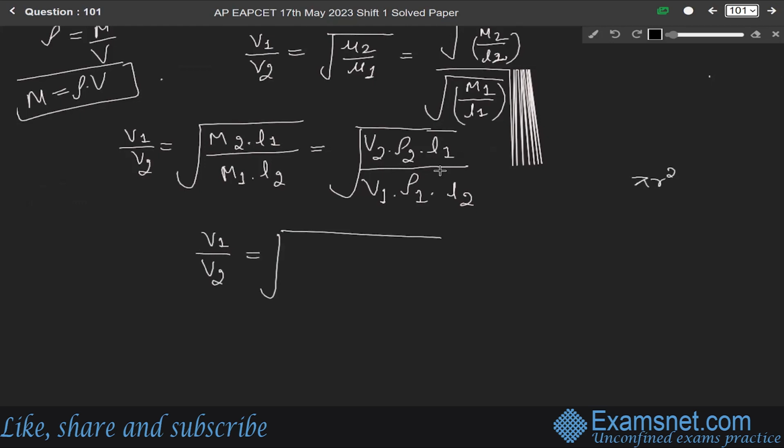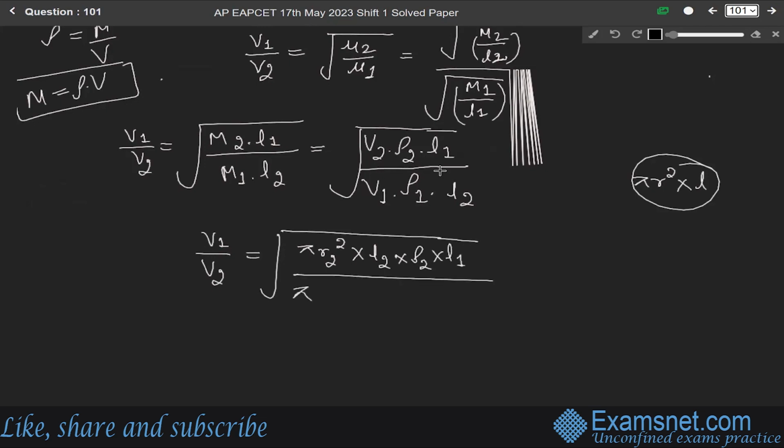Pi r square, area, into length. So we can write V2 as pi r2 square into L2 into rho 2 into L1, and similarly V1 as pi R1 square into L1 into rho 1 into L2.